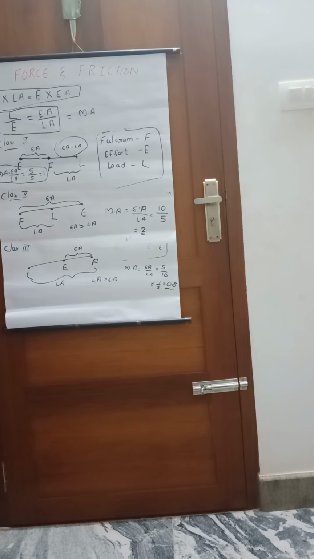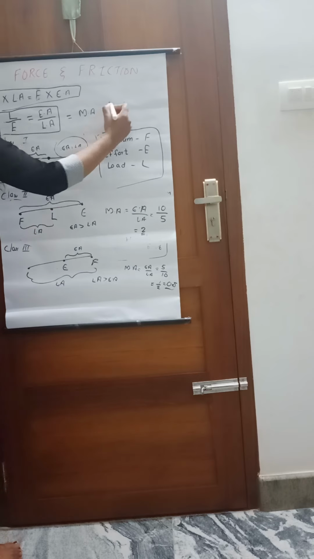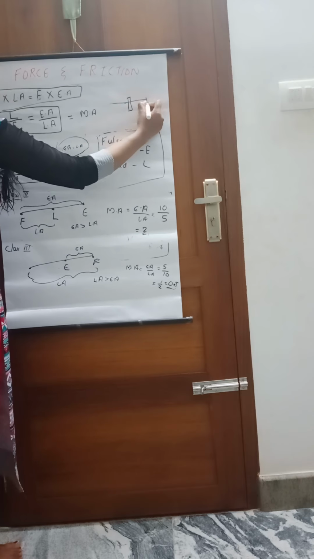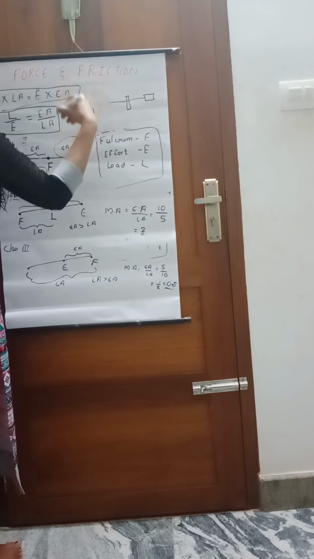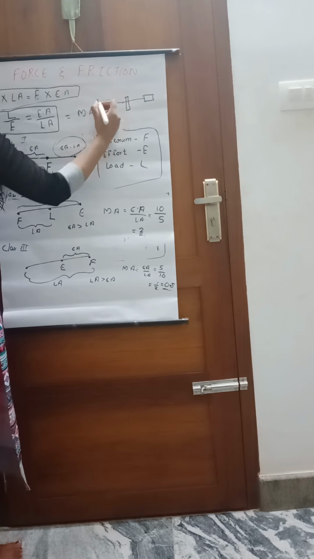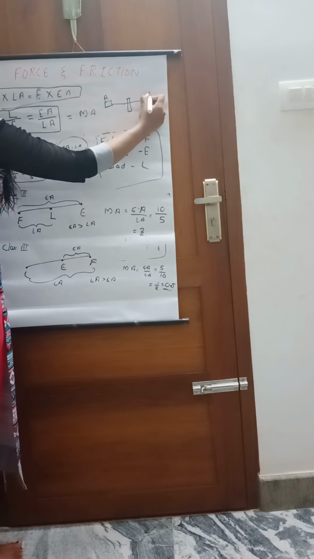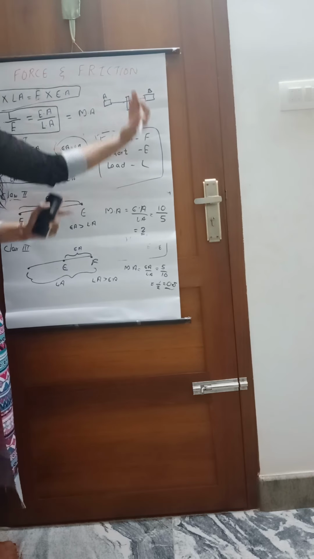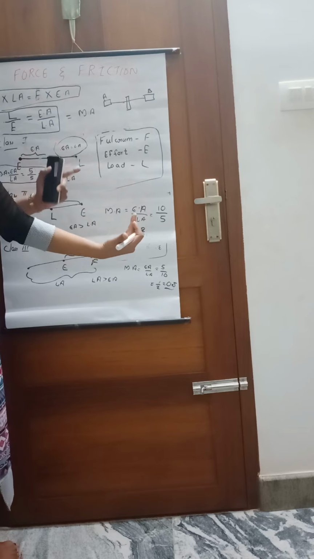Now, can you find out some examples for class 1, 2 and 3 levers? I hope that you know about the seesaw. In a seesaw, there is a support in the center and one person sits here, and the other person sits there. So A is sitting here, B is sitting here. When A is going down, B will be going up, and when B is coming down, A will be going up.